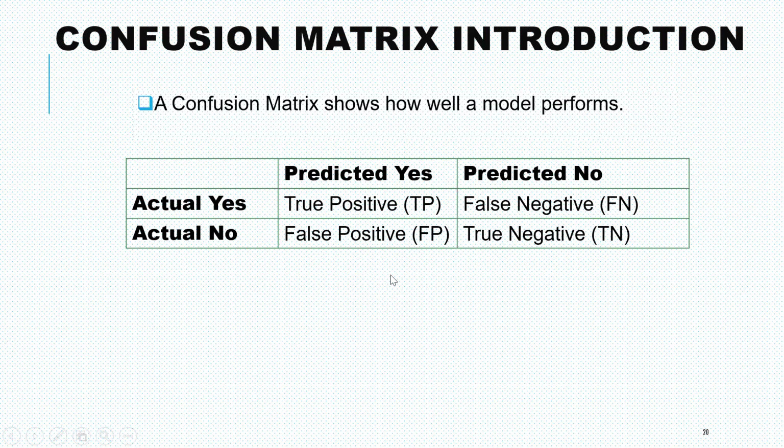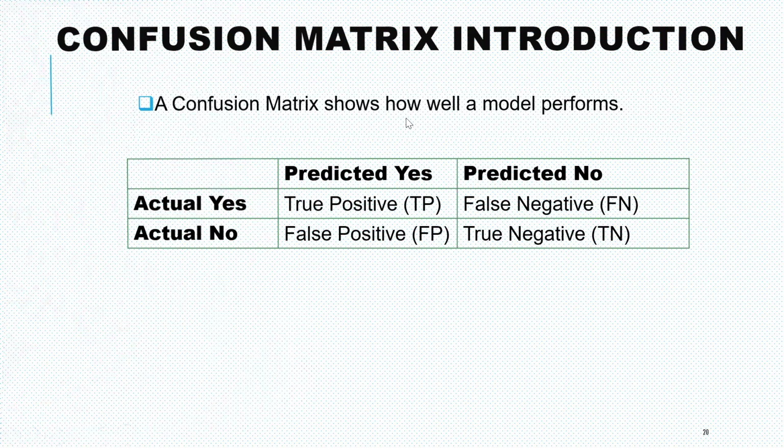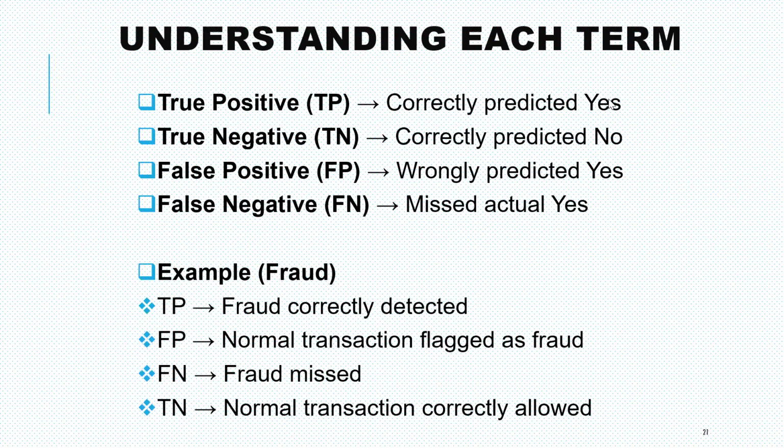So true positive implies that the model correctly predicted yes. True negative means it correctly predicted no. False positive means it wrongly predicted yes. False negative means it missed an actual yes.